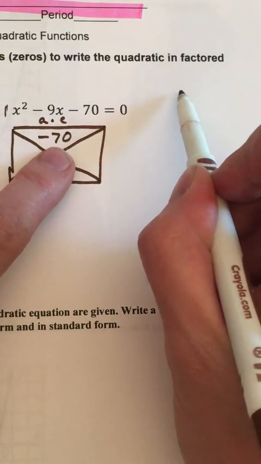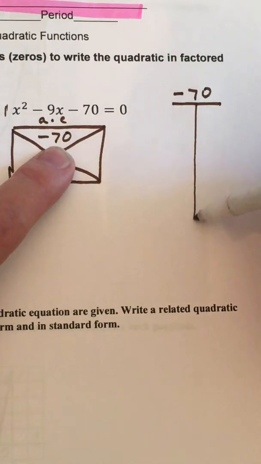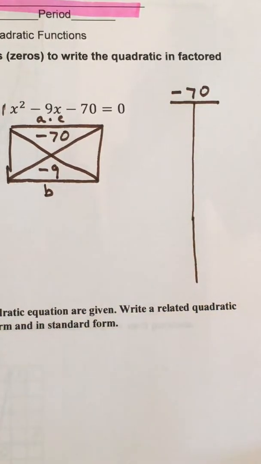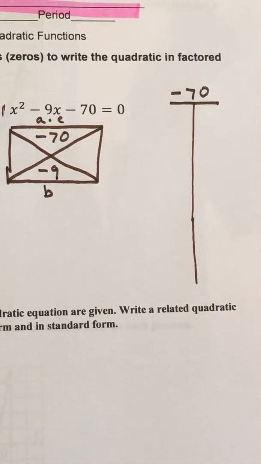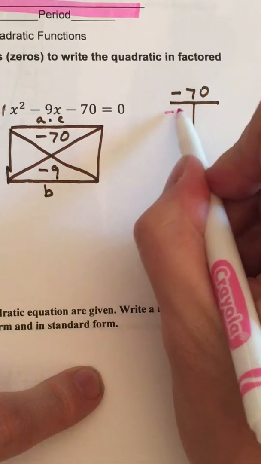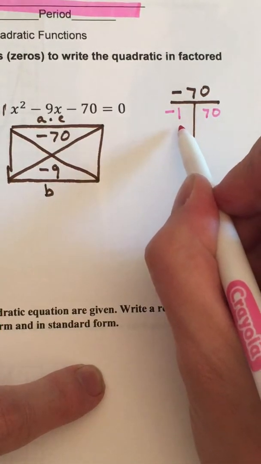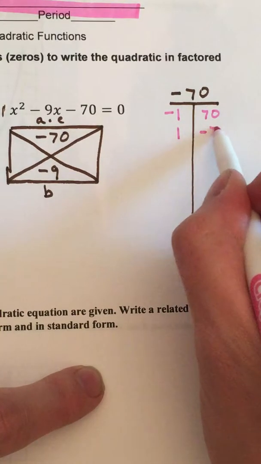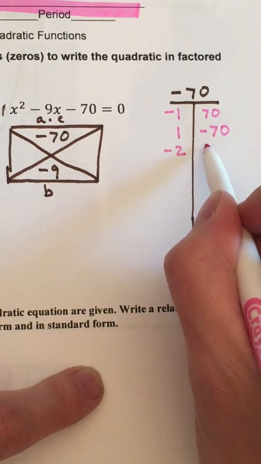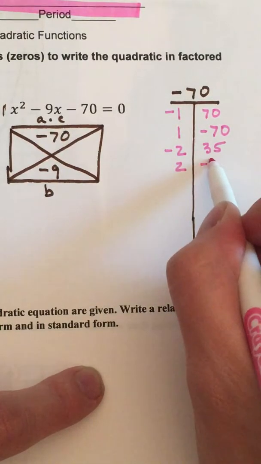I want to know all of the factors that could multiply together to make -70. There's quite a few of them, so we need to look at them and find out what we're going to use. There's -1 and +70. Those multiply to make -70. I could switch it so it was +1 and -70. How about -2 and +35? Yep, I could have +2 and -35.